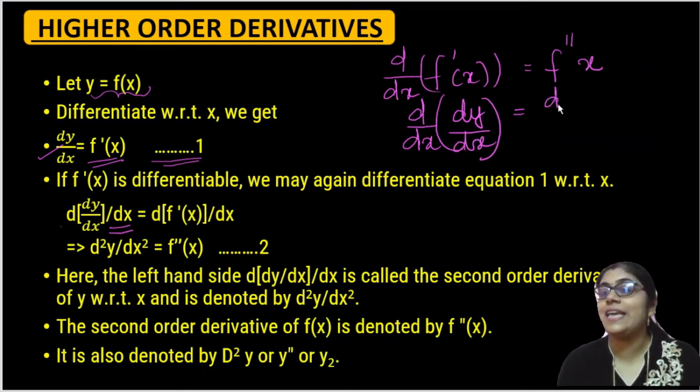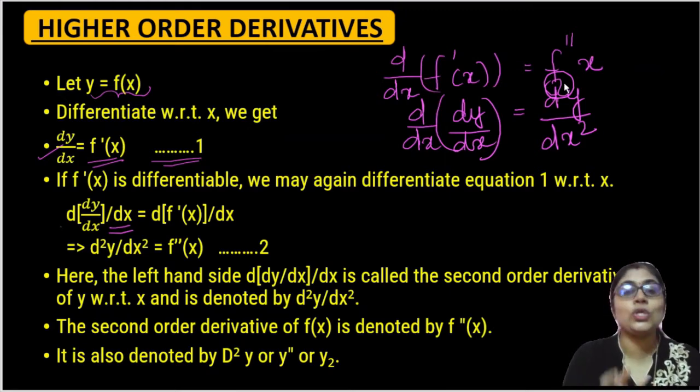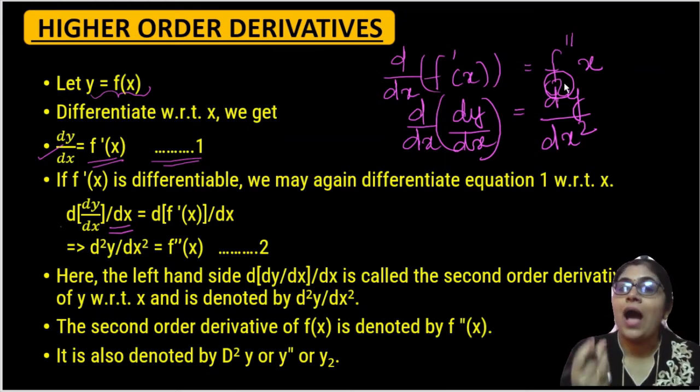So we can say this is d square y by dx square. Here the power is 2. So we say this is the higher order or second order derivative.